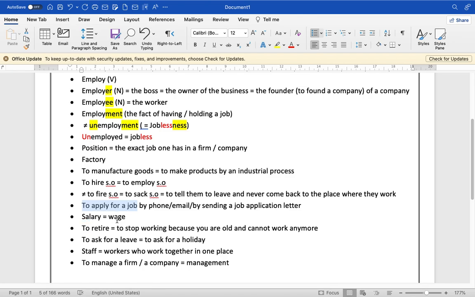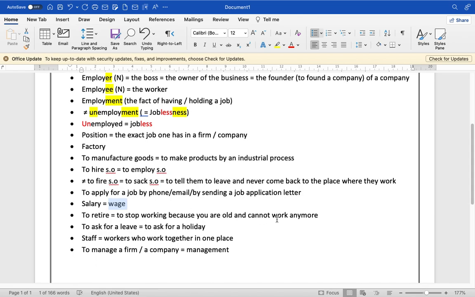A salary or a wage, I believe that a wage is a weekly salary in some places, some countries. If you are old and you cannot go to work anymore, you need to retire. The noun is retirement. We add -ment to many words to get the noun, as in development, requirement, in other words. You may also ask for a leave.